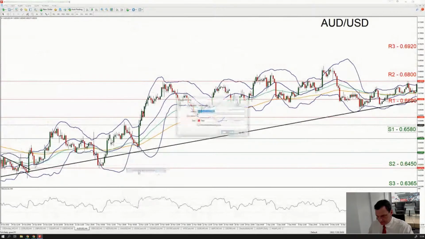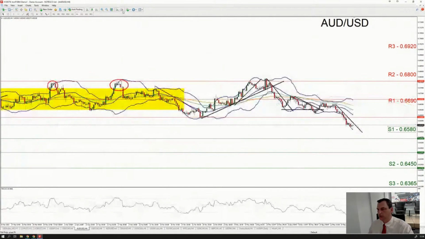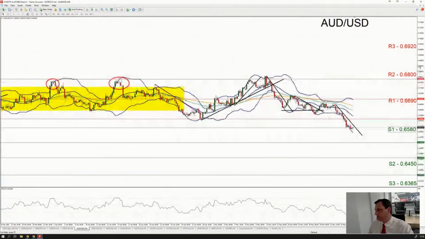Slightly lower here in green. $0.627. Locking it in, readjusting the chart. Let's correct the labels.